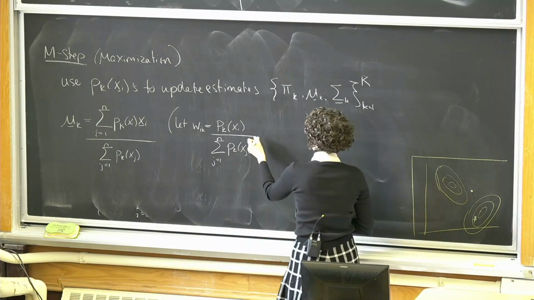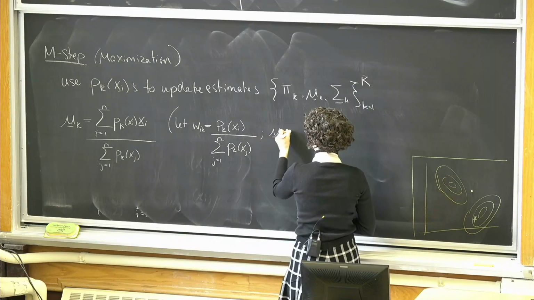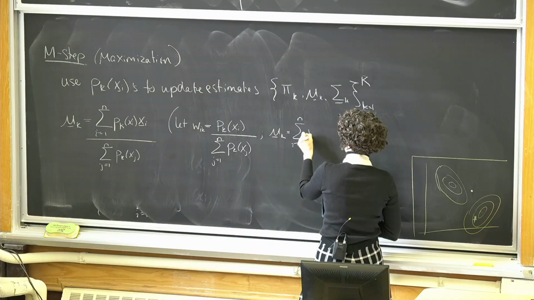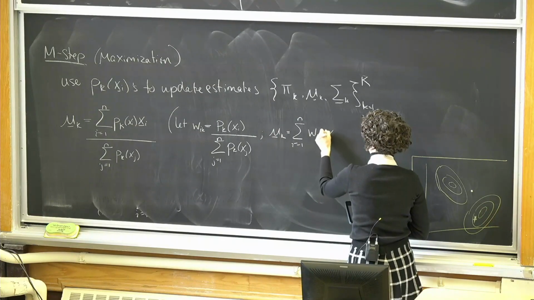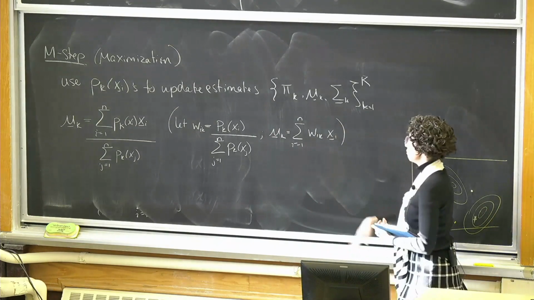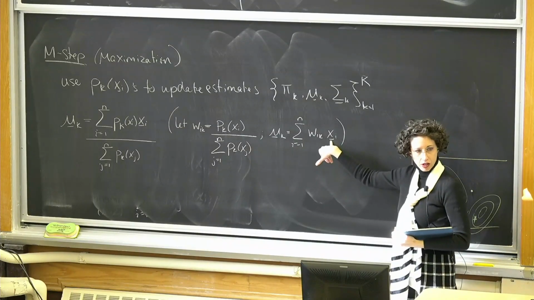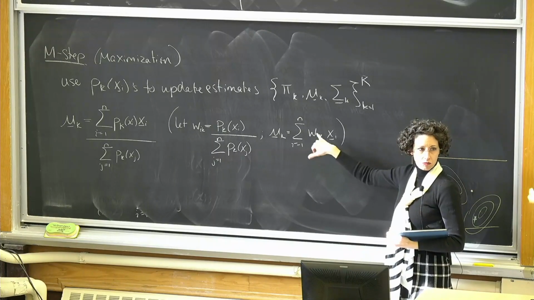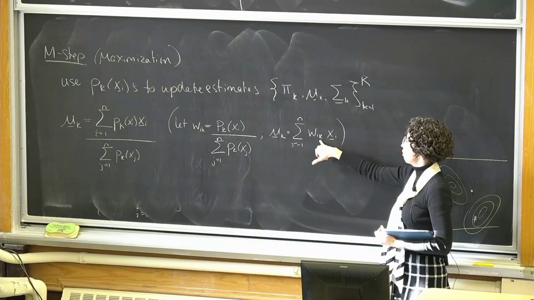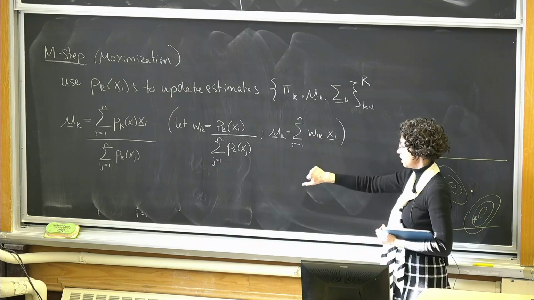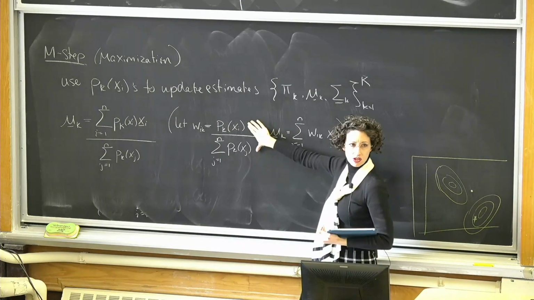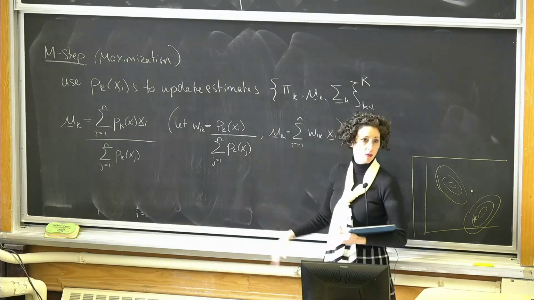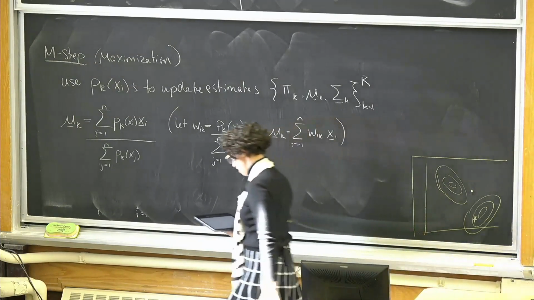And then my mu_k is just equal to a weighted sum with weights w_ik times x_i. So I'm just doing a weighted sum of my samples where I've got bigger weights for the samples where there's more responsibility coming from the kth Gaussian. And I've normalized these weights so that they sum up to 1. Okay, so that's how we would update our estimate of mu.